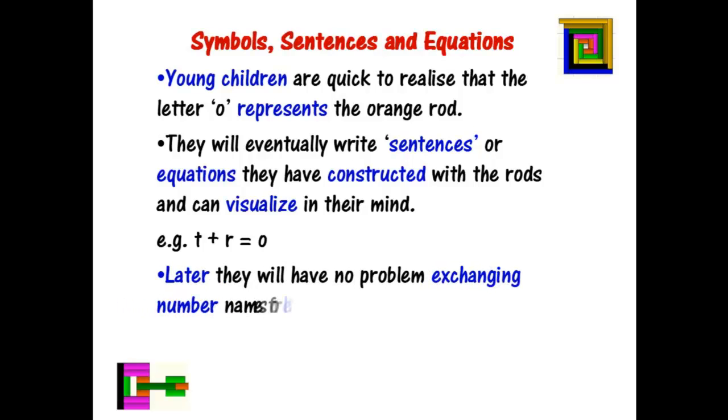Later, they'll have no problem exchanging number names for the letter names of the rods. And they'll just as easily say 8 plus 2 equals 10. Obviously, they won't be using, as I say, those terms straight away. Those are things we introduce as we introduce the concepts through the program.